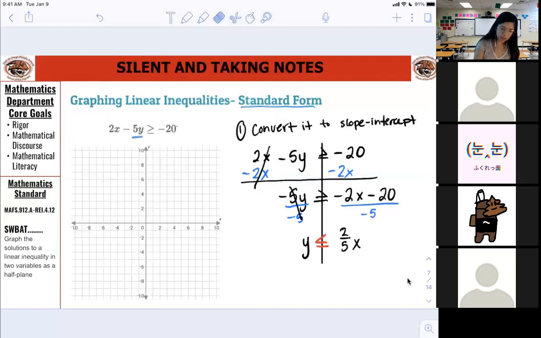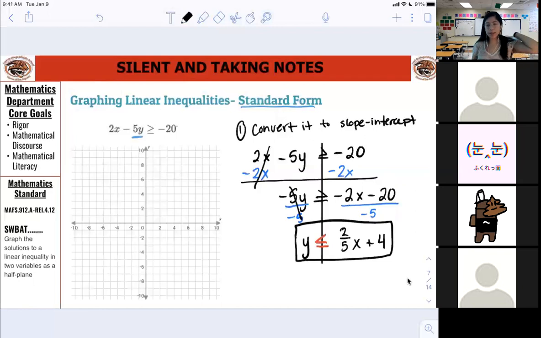Exactly. Perfect. And now negative 20 divided by negative 5? Plus 4. Positive. So plus 4. Okay. We did it. Not too bad, right? You guys already know how to do this. We'll do a couple examples too, so you guys will get that chance to practice. And can somebody say one more time, why did I flip my sign? It's very specific. Why did I flip my sign?